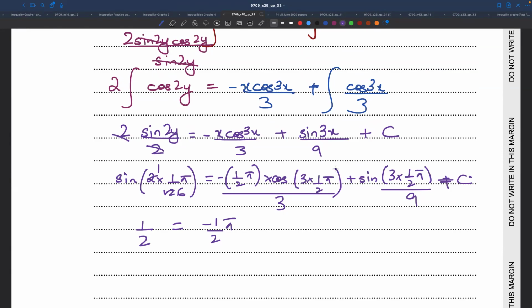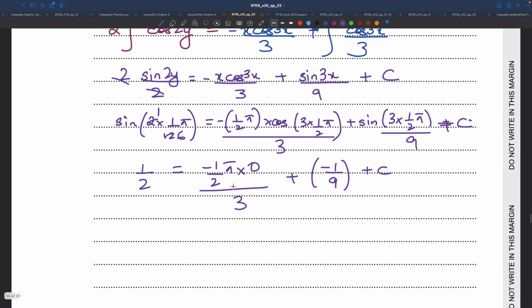If you put cos of 3 upon 2 pi in the calculator, that will come out as 0. Sine of 3 upon 2 pi, when I put it in the calculator, comes out as minus 1. So this will become minus 1 upon 9 plus c. So this will be 0. C will be 1 upon 2 plus 1 upon 9.